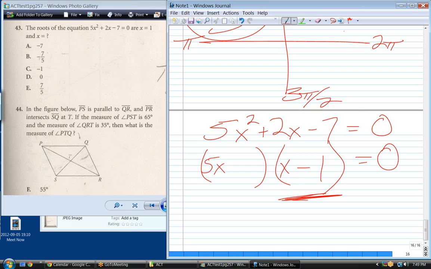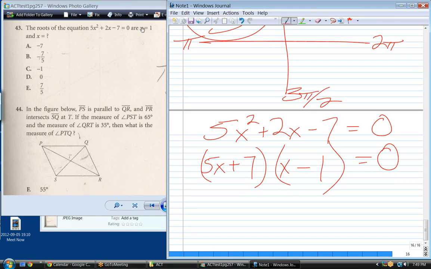Right. And the other one would have to be a 7. And the sign on it? Plus 7. Okay. Now, had we finished factoring, this is what we would have gotten.